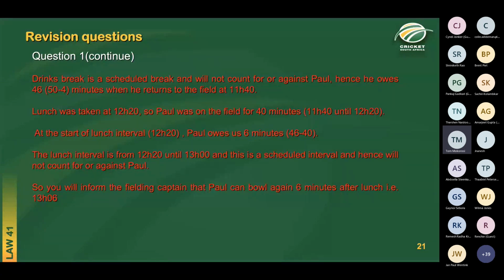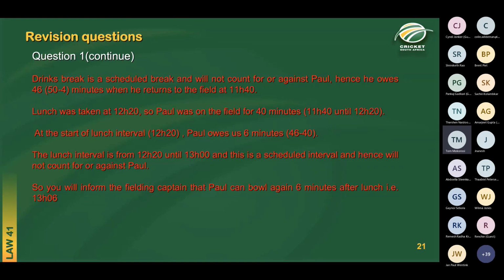Okay, so just one point to make here, Jitendra, is that if maybe the team is a little bit slow coming out and you start at 13:01 instead of 13:00, then he still owes us 6 minutes. So then he would be allowed to bowl at 13:07.